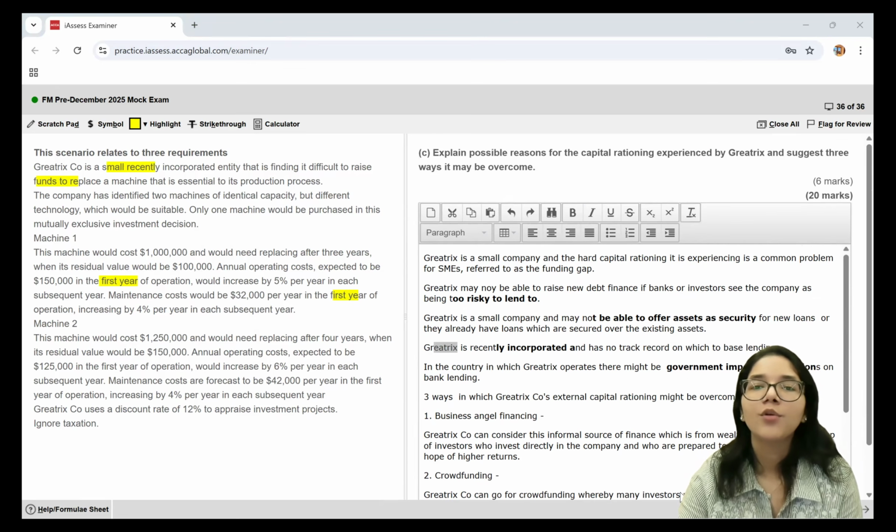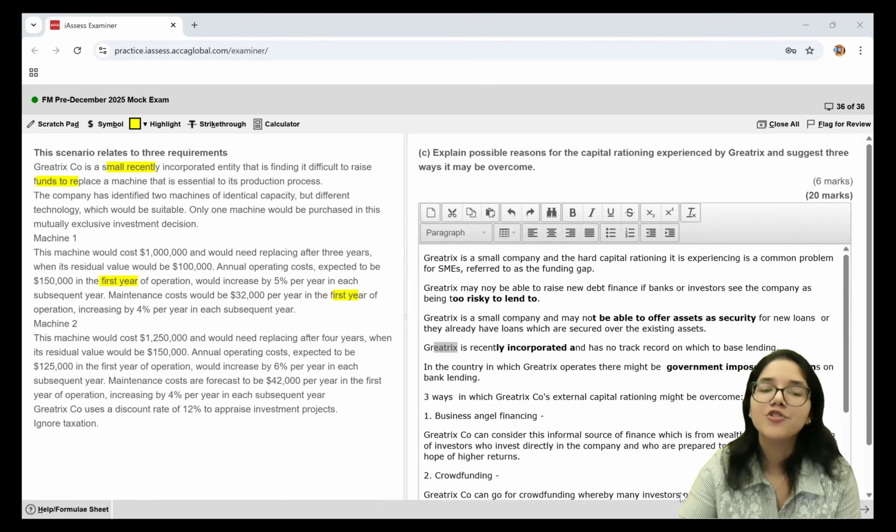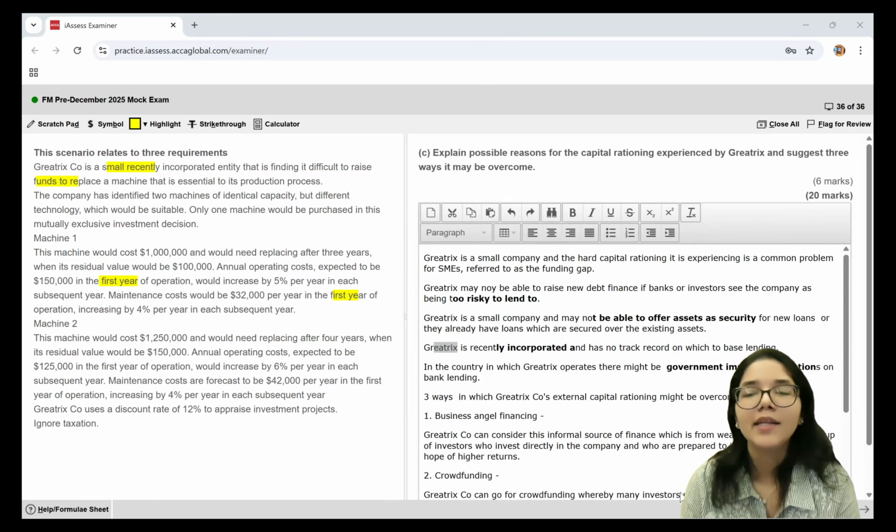So ensure that you do not end up writing generic answers here. Generic answers will not be able to earn a lot of credit. So ensure that you're also using the name of the company in your answer as much as possible if it is such a requirement where you're supposed to link it to the scenario.